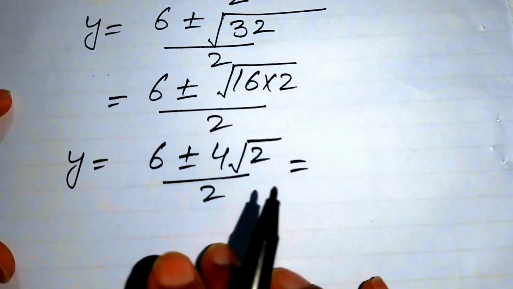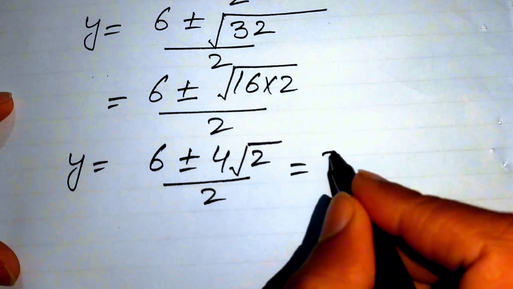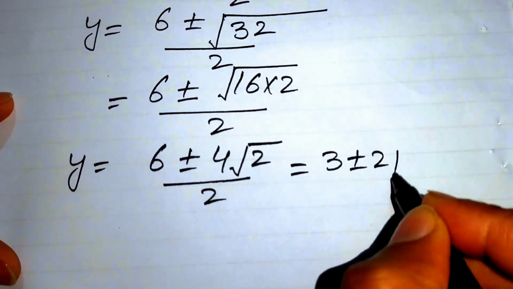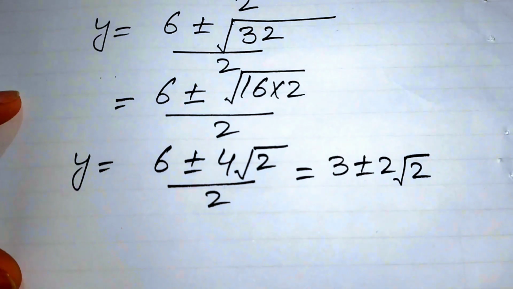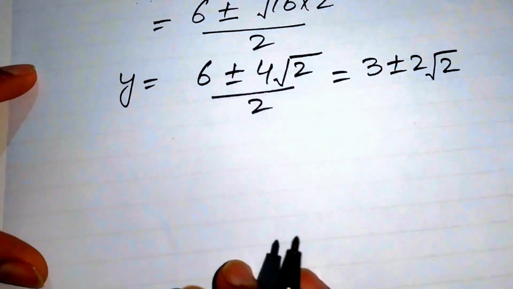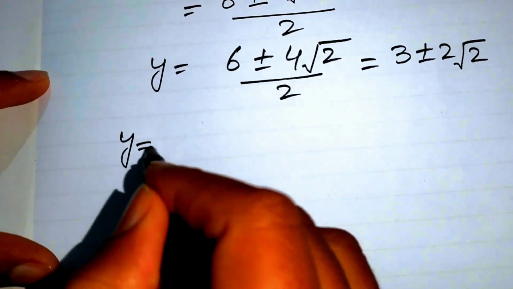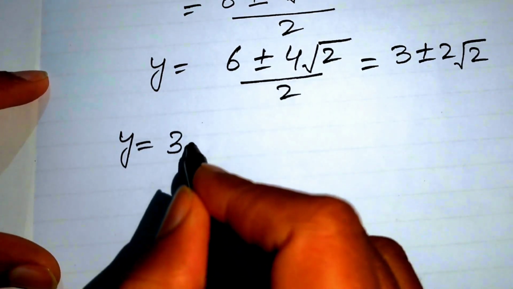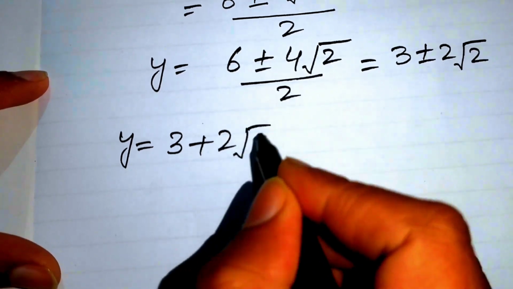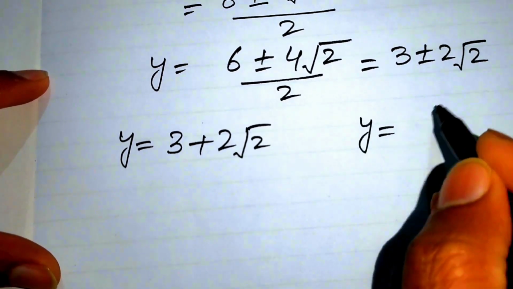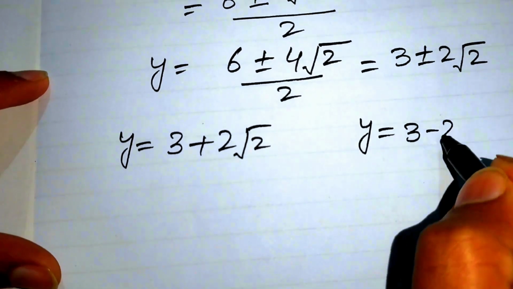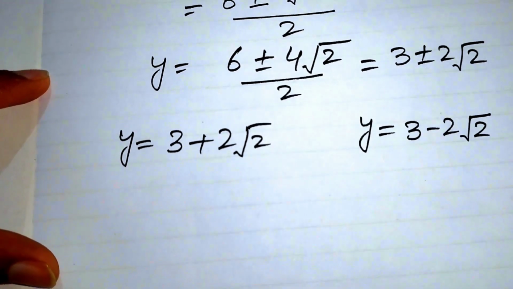And now we separate these two terms and we get 3 plus minus 2 times square root of 2. And now we have two cases. So the first case is y equals 3 plus 2 times square root of 2, and the second case is y equals 3 minus 2 times square root of 2.